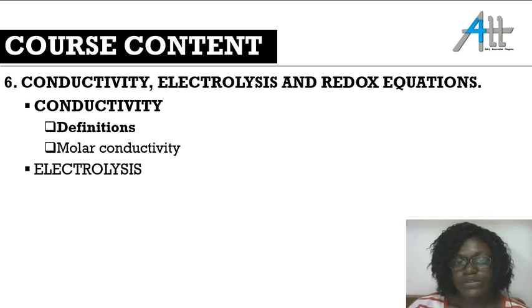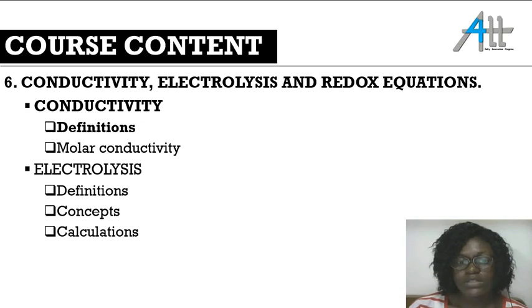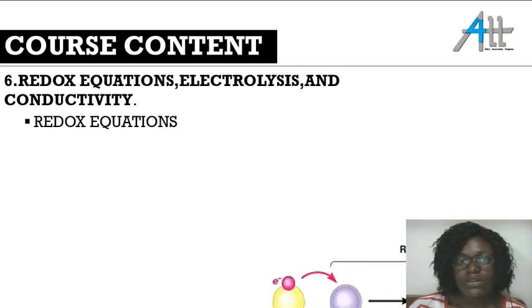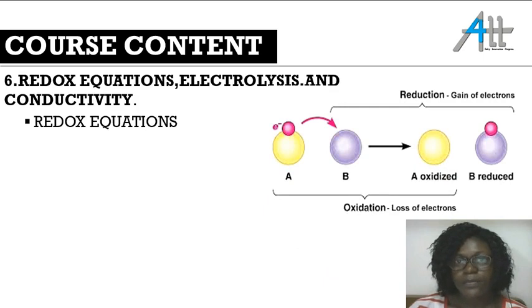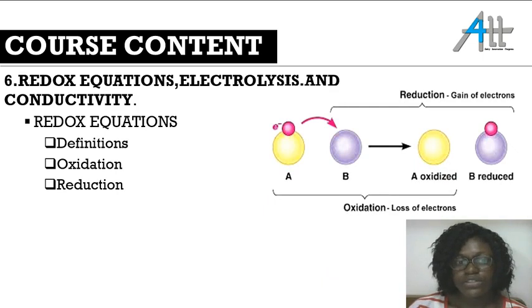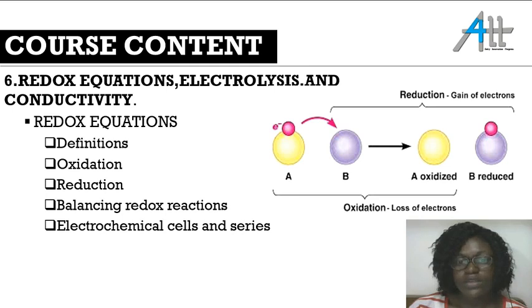Under electrolysis, we are going to have the definitions, concepts, calculations, and finally, we are going to talk about redox equations. Under redox equations, we are going to have the definitions, oxidation, reduction, balancing redox reactions, and finally, electrochemical cells and series, and cell diagrams.